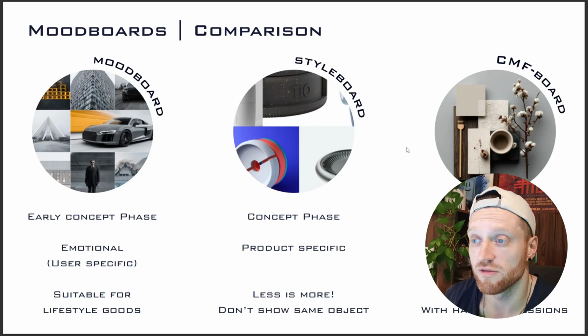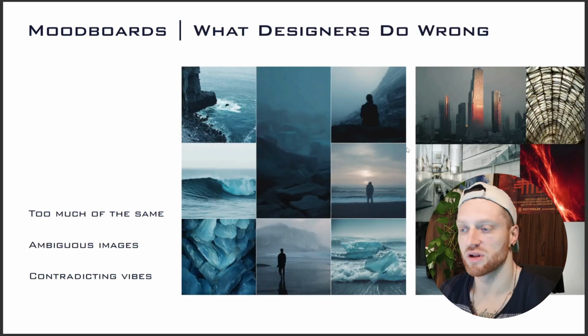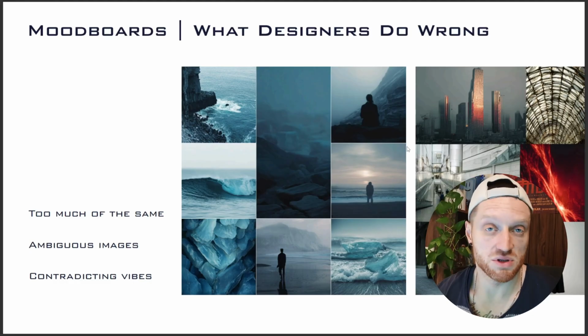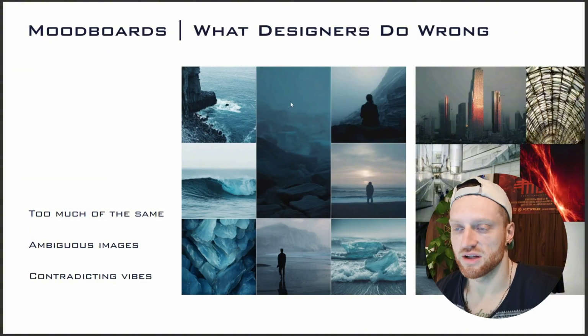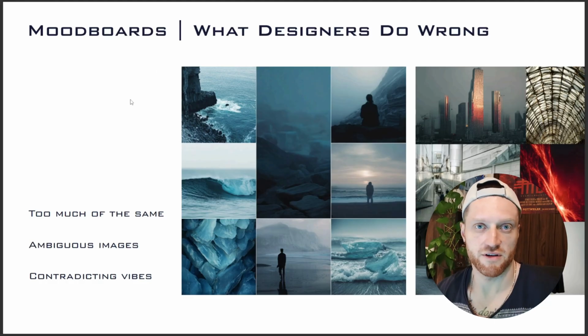And now I will go over what designers do wrong when creating mood boards, right? For the classic mood board, what I see a lot of students still do, and a mistake that I made a lot, was that I just gathered basically the same image in multiple different variations and then put them on the mood board. Then I felt like it very clearly communicates the idea, right?